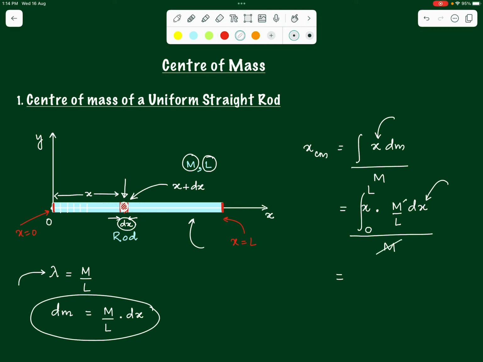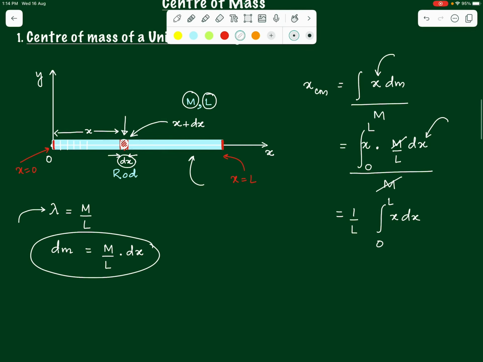See that m cancels out, m being a constant, the total mass of the rod cancels out in the numerator and the denominator, and capital L we can take it outside the integral because it is a constant. Inside the integral then we are left with x dx from 0 to L, which will be nothing but 1 by L times the integral of x dx, which will be x squared by 2, and now we put the limits over here, 0 to L. When we put the limits, we will get L squared by 2 minus 0, right?